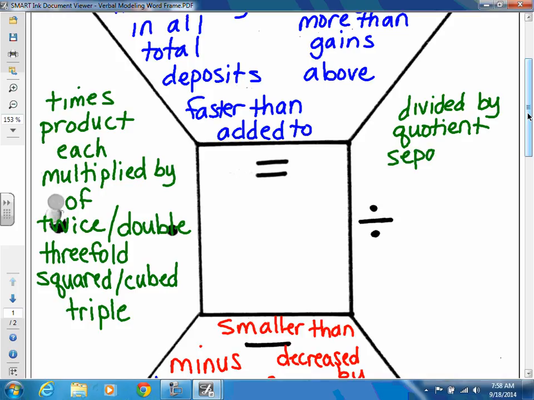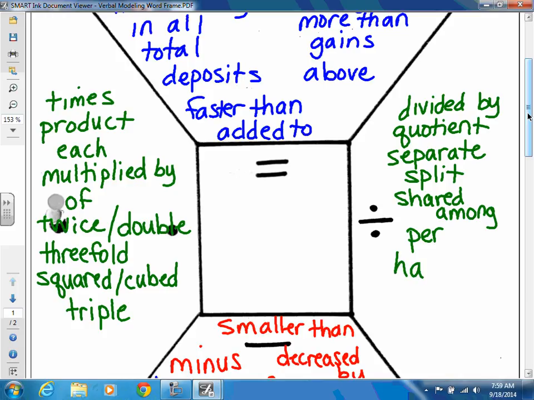Separate, split, shared among, the word per. You're talking about speed, 5 miles per hour. Right? It's written as a ratio, and ratios are division problems. Right? The word half.